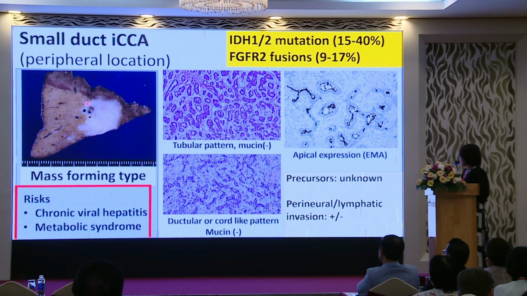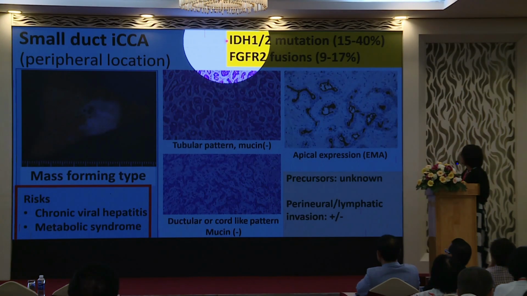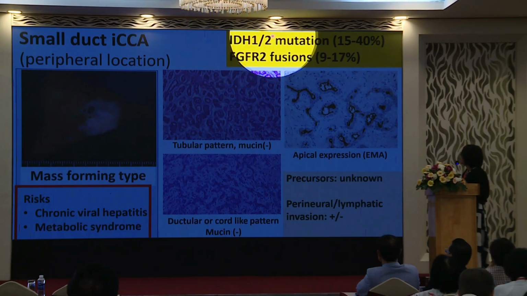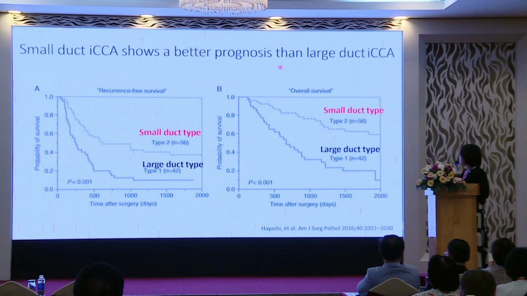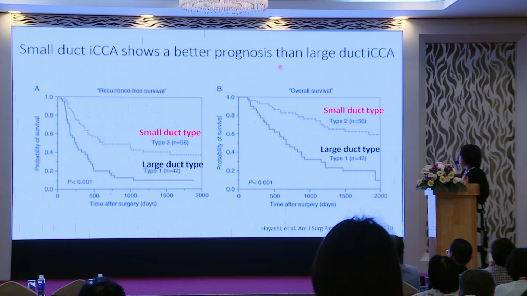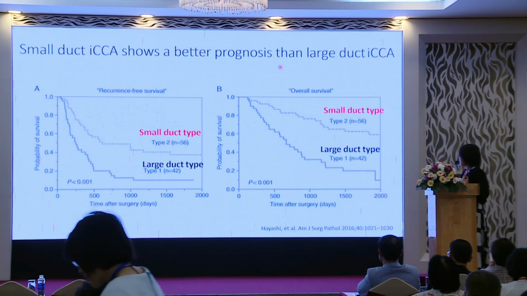And the precursor lesion is not known in this type of tumor, and more importantly, the actionable mutations such as IDH1 mutations and FGFR2 fusions are mainly seen only in the small duct type ICCA. And the prognosis is also different. The small duct type shows better prognosis compared to the large duct type after operation, as you can see here.